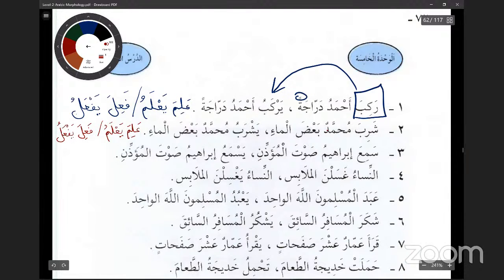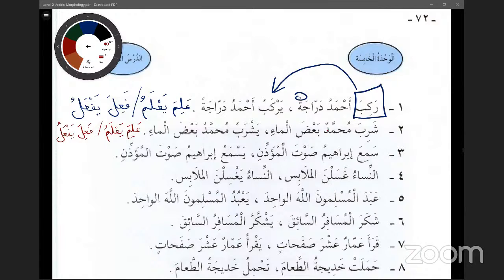Now, we have number 3. If we can get Orkasha to do number 3, inshallah. السلام عليكم ورحمة الله. السلام ورحمة الله وبركاته. سمع إبراهيم صوت المؤذن. يسمع إبراهيم صوت المؤذن. Ibrahim heard the voice of the mu'adhin, and Ibrahim hears the voice of the mu'adhin.